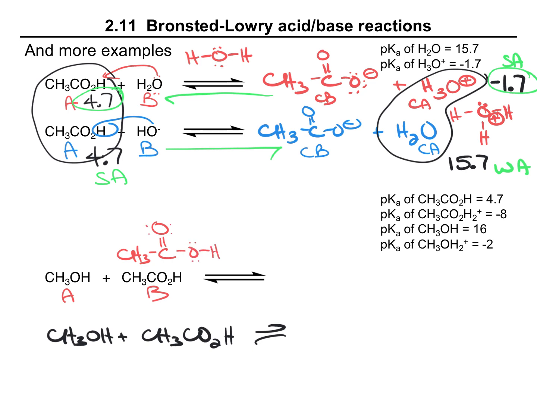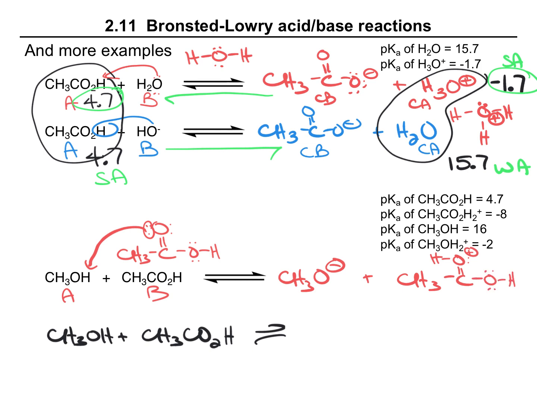this acts as our base. This is going to be the more basic atom. And so this is going to grab off a proton from here. So that would give us CH3O minus and CH3COH plus OH.